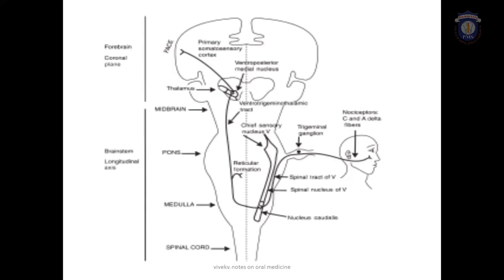From the spinal nucleus of the trigeminal nerve, it reaches the nucleus caudalis. And from the nucleus caudalis, it crosses over to the other side, and from there, it ascends to the midbrain. And in the midbrain and the thalamus, the fibers fan out into the primary sensory cortex.